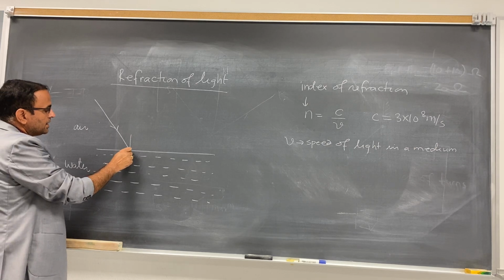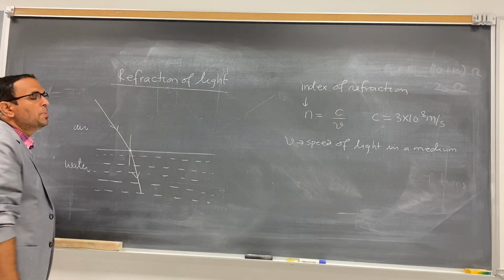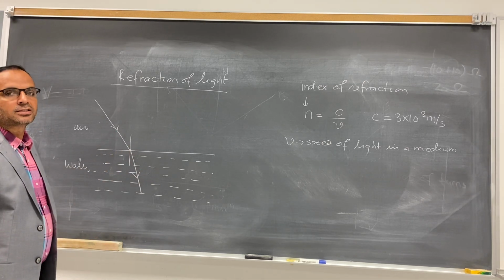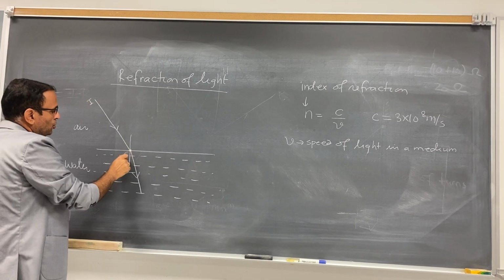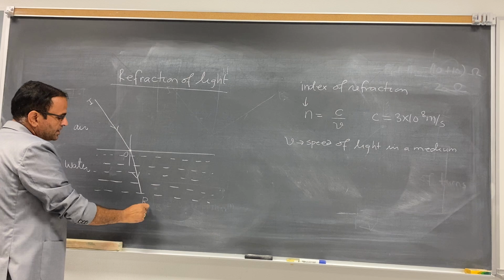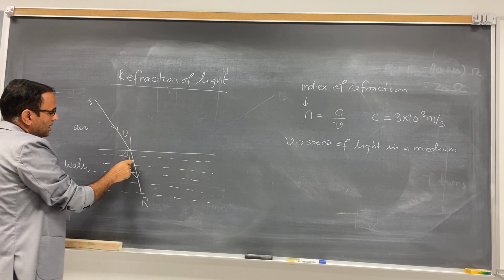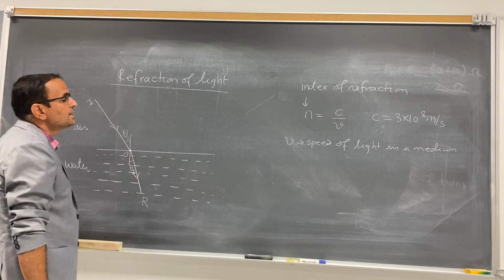Look, at this point the light bends here. So the bending of light when it travels from one medium to another medium is called the refraction of light. Here this is your incident ray, this is your point of incidence, this is your refracted ray. This angle you can call theta 1 and this angle theta 2. Then you have Snell's law.